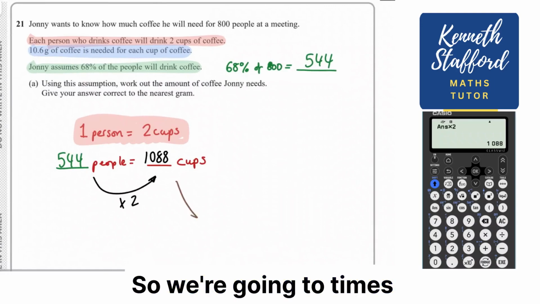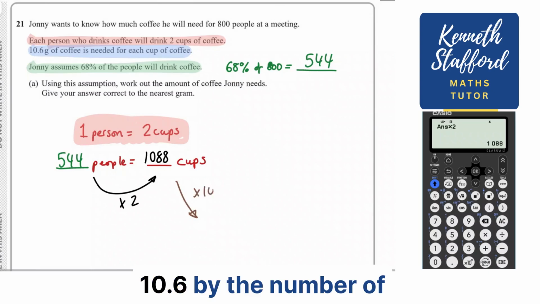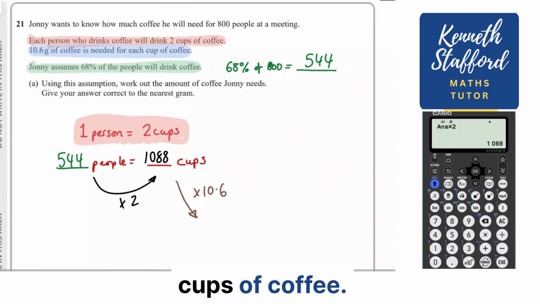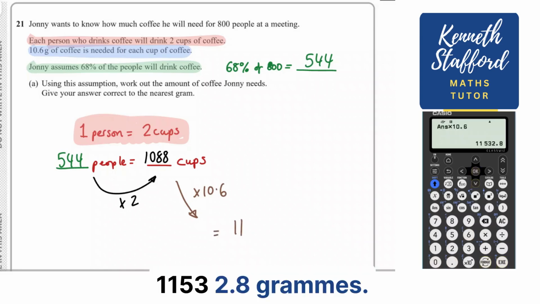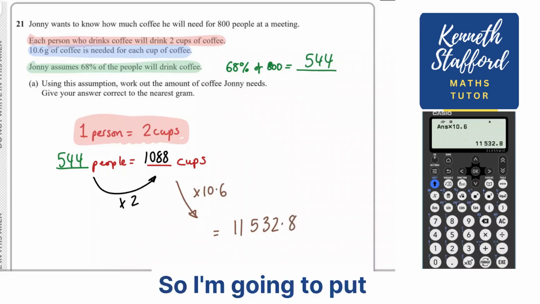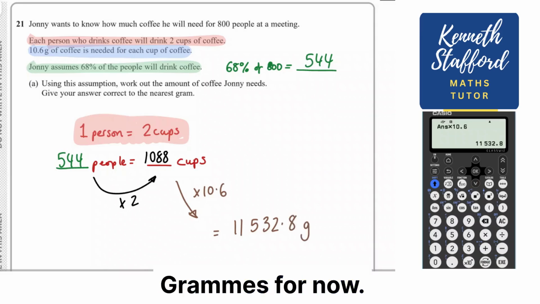So we're going to times 10.6 by the number of cups of coffee. And that ends up being 11532.8 grams. So I'm going to put grams for now.